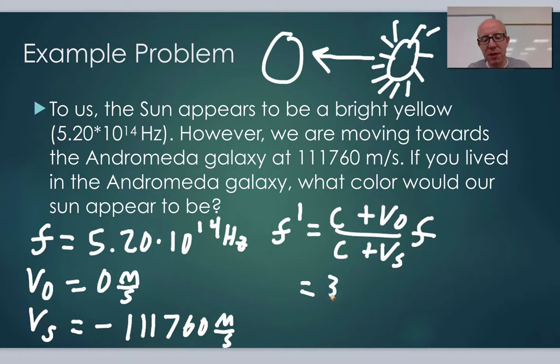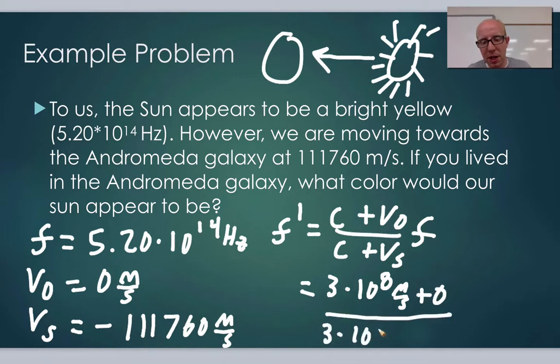We have to use the speed of light, which is 3 times 10 to the 8th meters per second plus 0 over 3 times 10 to the 8th meters per second plus, or I should say minus, 111,760 meters per second. All of that times our frequency, which is 5.20 times 10 to the 14th hertz.